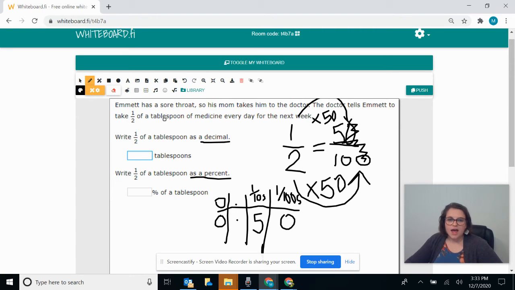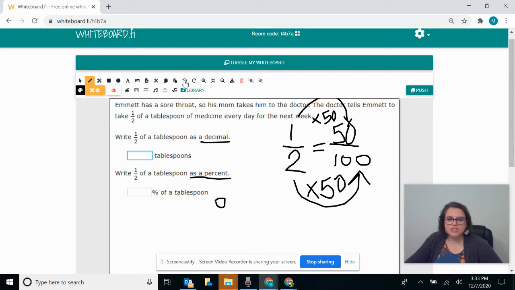Another way to look at it and make it a decimal would be to notice that my denominator is 100 and my top number has 2 digits in it. So I can just write those 2 digits right after my decimal point.